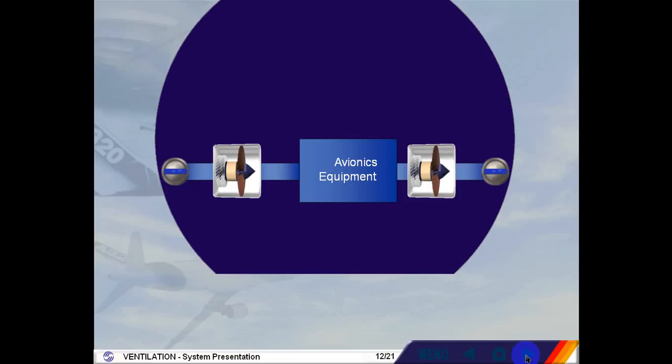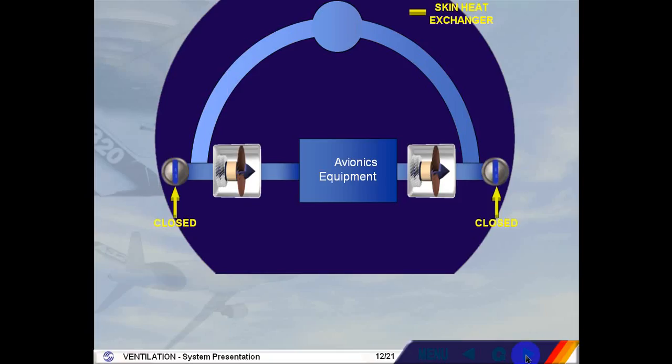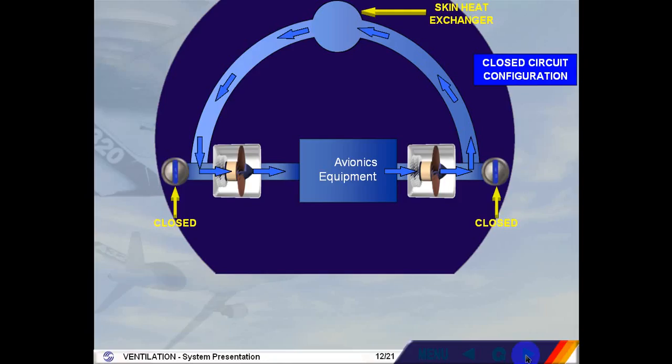When skin temperature is below a specified threshold, and in flight or on the ground with thrust levers at takeoff power, both inlet and extract valves close. Air from within the aircraft is used. A skin heat exchanger is used to cool the circulated air.